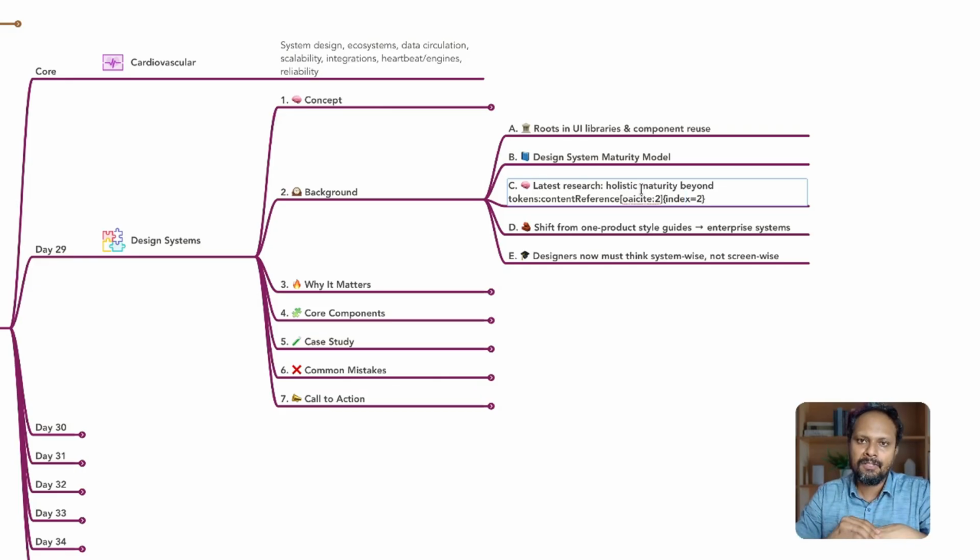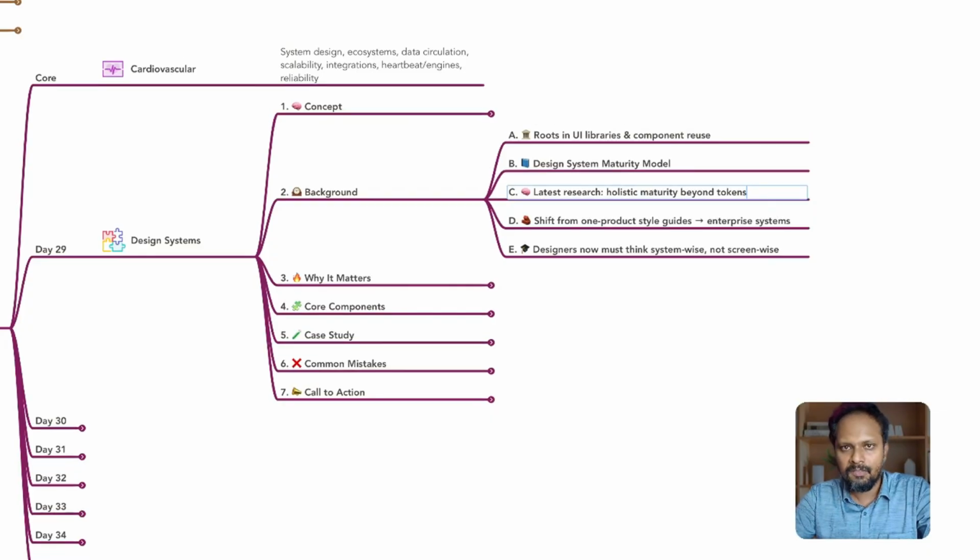Later research found that this is a holistic maturity beyond tokens, right? Design tokens are available inside Figma, but having system clarity and building tokens based on it will give your product super high quality and maturity. This shifts a product from one style into an enterprise system if you're building a bigger company.